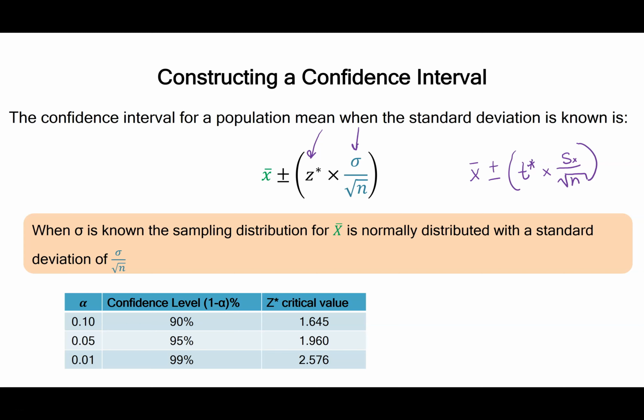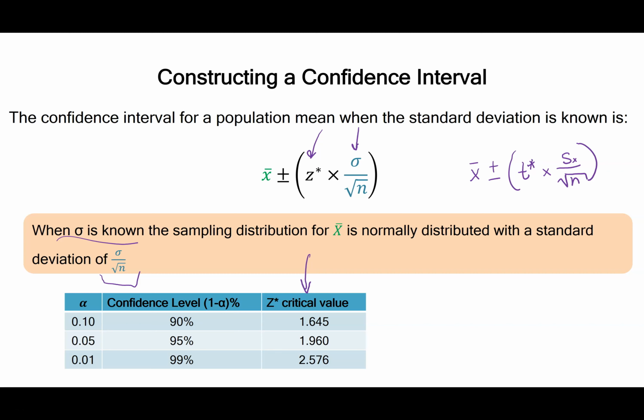So when we know sigma, this is good. We know the sampling distribution of x bar: the sampling distribution of the sample mean is normally distributed with a standard deviation of sigma over root n. And I can use these z-star critical values. So 1.96 for a 95% confidence interval, 1.645 for 90%, and absolutely feel welcome to write these down.